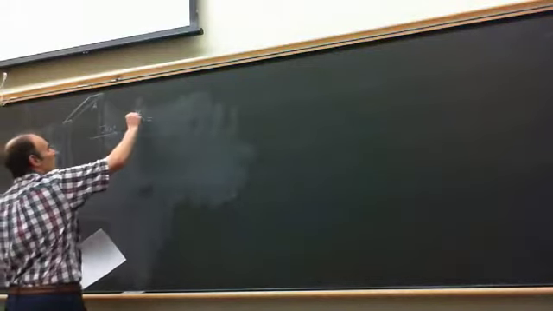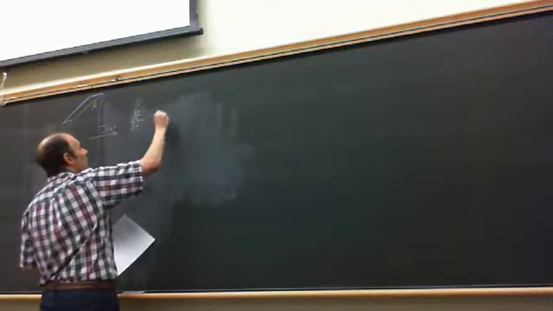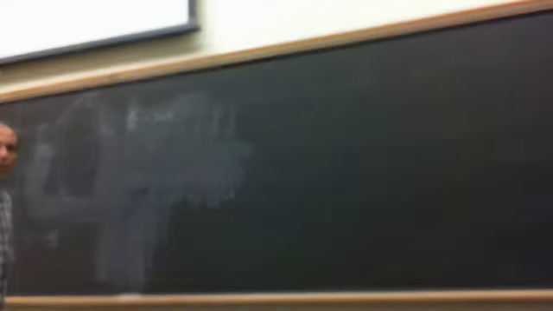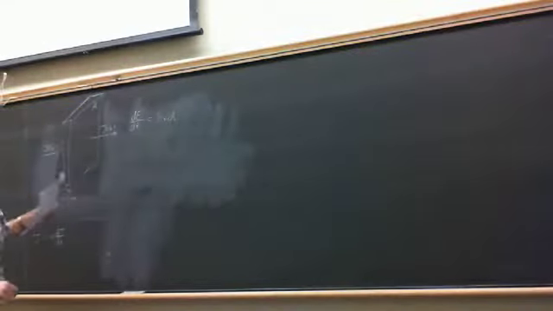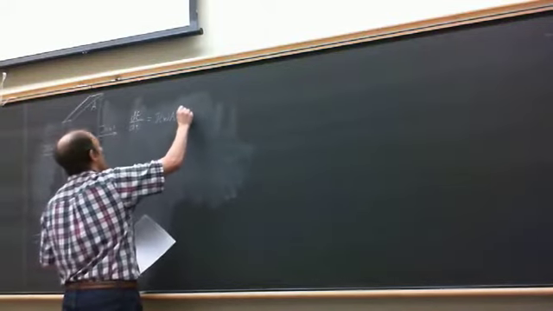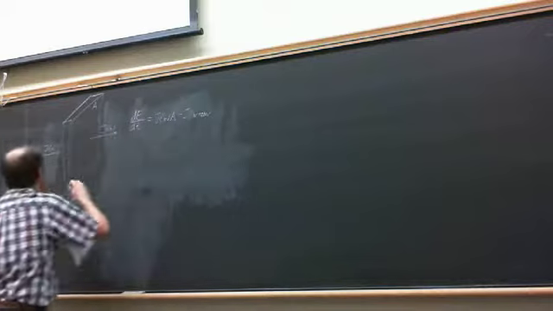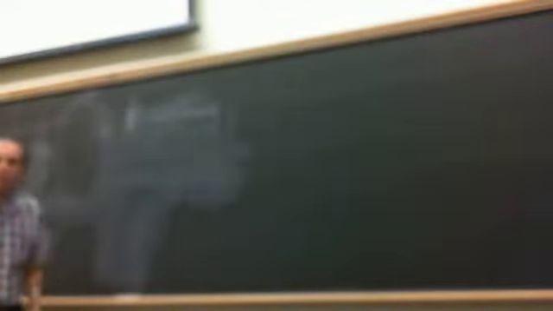If we want the heat per unit time, we have to take J of x times the area. That's how much heat's coming in from the left. You have heat going out on the right. You get a minus sign because it's going out: J at x plus delta x, because it's a little further to the side, times the area again. And you have a certain metabolism going on in the tissue.